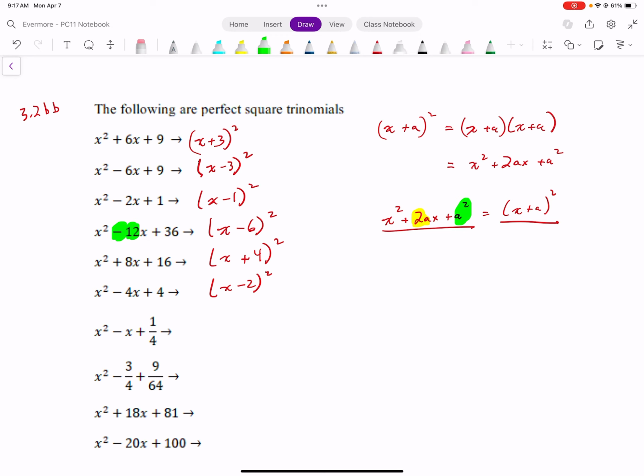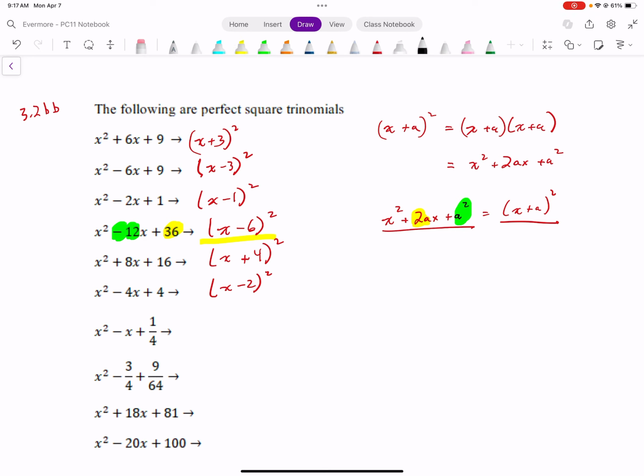A would be negative 6. And if a is negative 6, then a squared, negative 6 squared, is positive 36. This factors into x minus 6 squared.